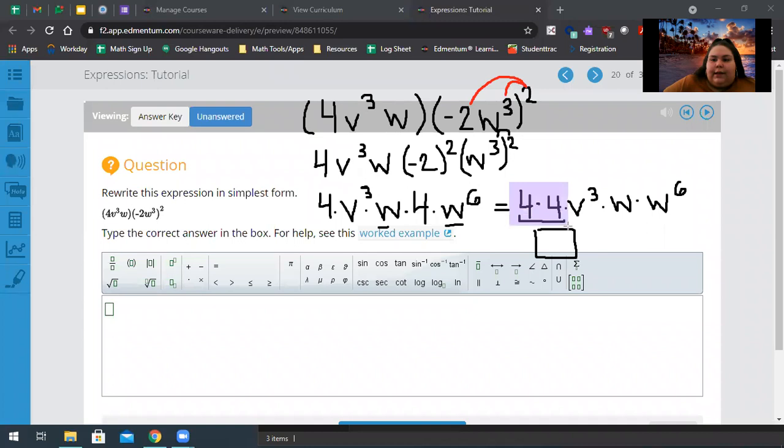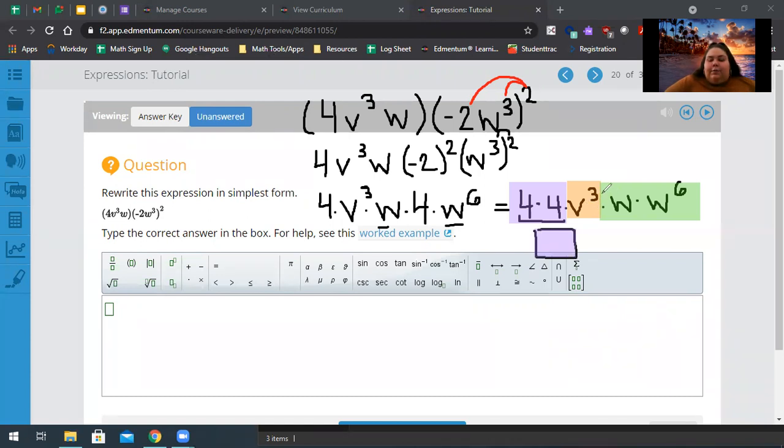So this is what I meant by color coding. 4 times 4, let's change the other color. This is the only thing I see with the v, and the rest I see are with w's. So the purples are being combined for this box right here. Again, all you have to do is multiply 4 times 4 and write that answer inside. You don't have to write a box, but I left it as a placeholder.